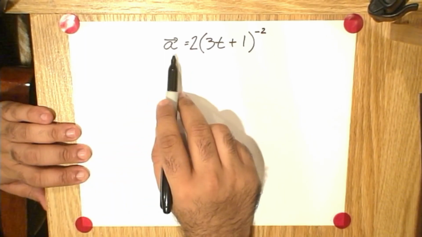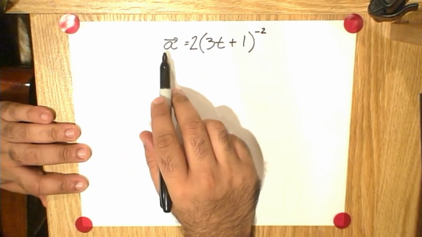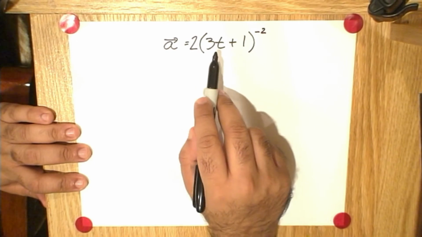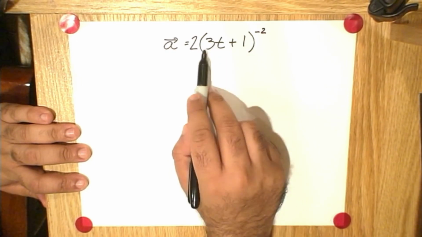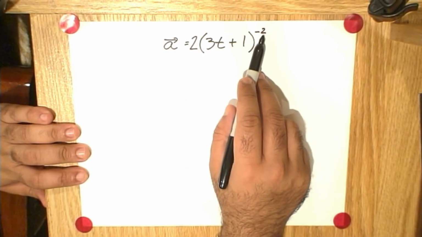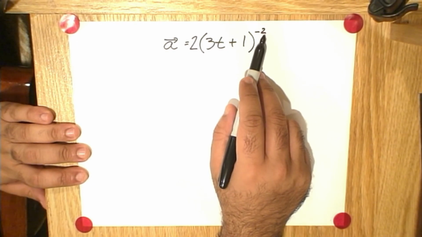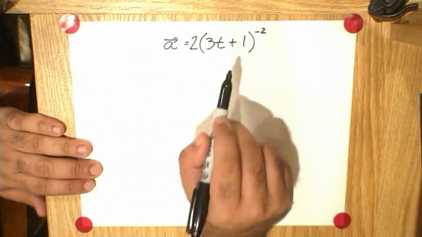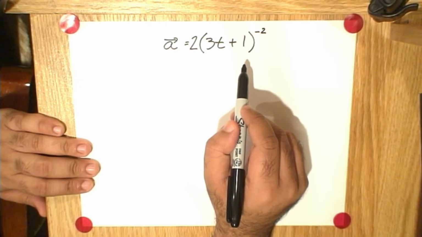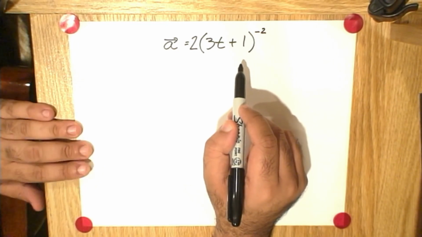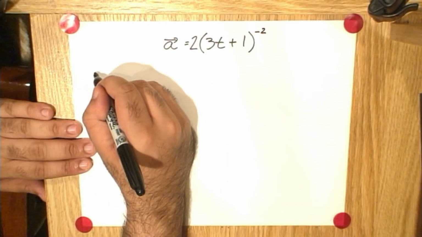Here is the acceleration function that we were given. a is equal to 2 times the quantity 3t plus 1, all raised to the -2 power. We want to figure out what the velocity is and what the position is, both as a function of time. So, let's start with velocity.